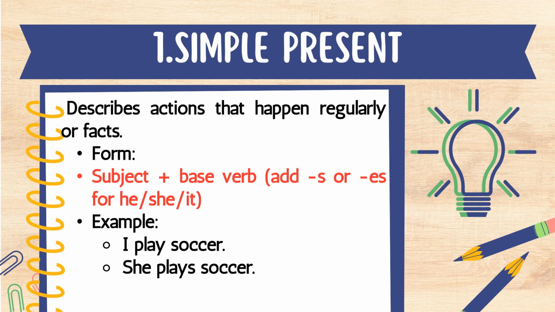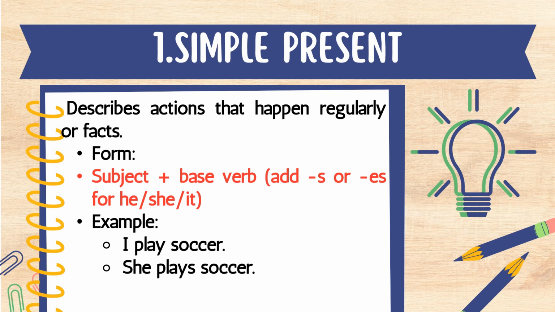The simple present tense describes the action that is happening regularly, okay? And how you could make your sentence a simple present, or how you could identify whether your sentence is in the simple present tense or not.